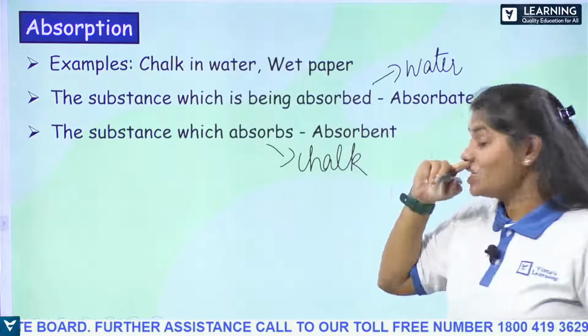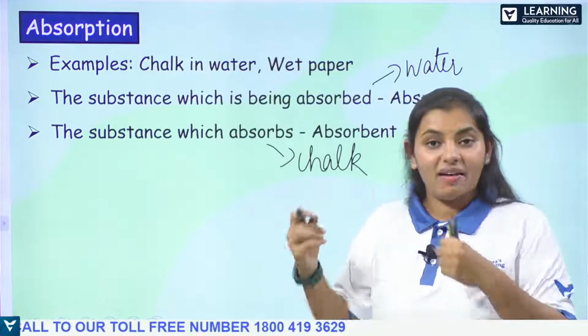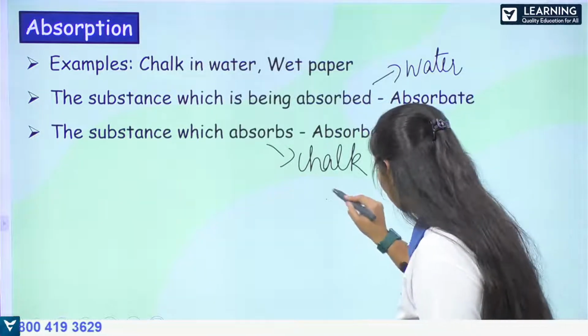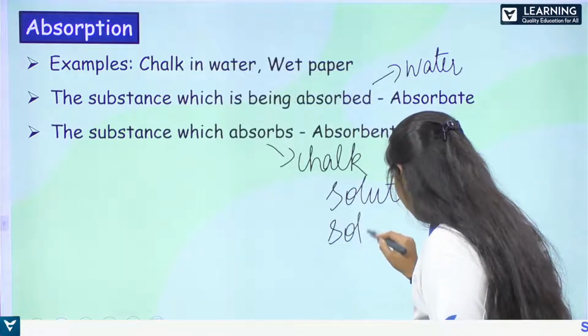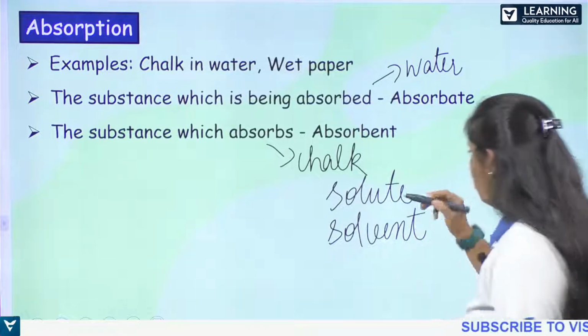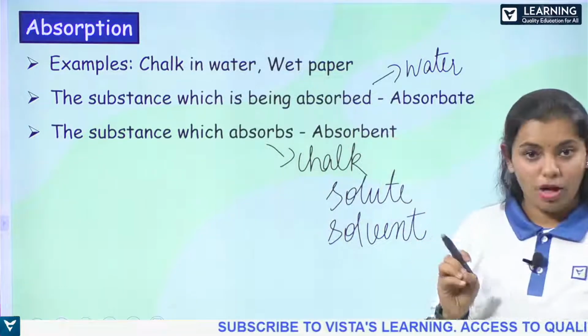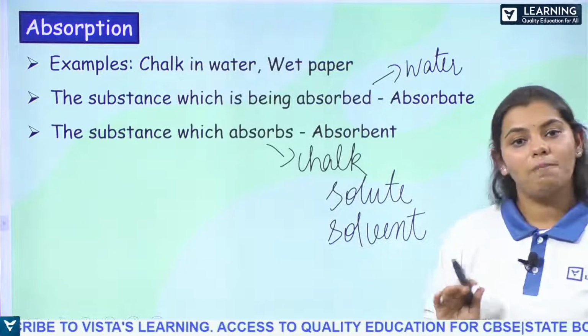So the substance which absorbs the water is going to be the absorbent. We can relate it to solute and solvent. The substance which is being absorbed, water in this case, is known as absorbate.